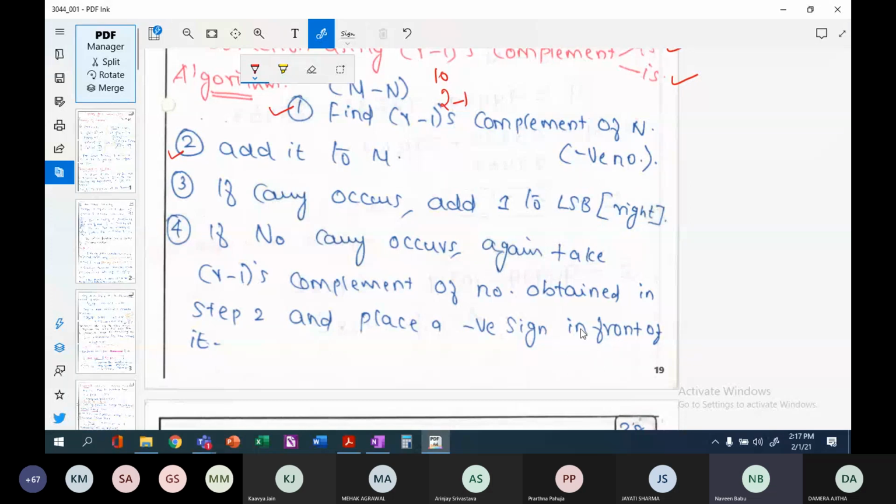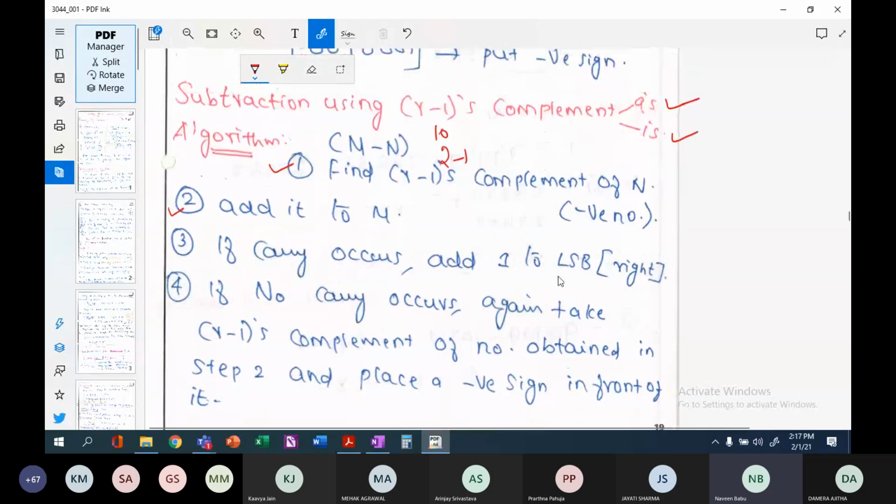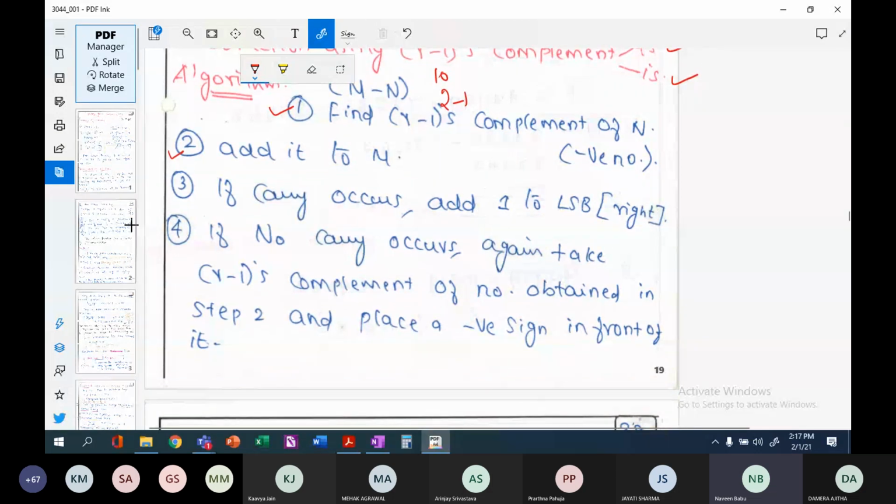Okay, what is the only difference between r's complement subtraction and r minus 1's complement subtraction? It lies only in the third step. In the third step, if you have a carry in r's complement, you will discard it. If you have a carry in r minus 1's complement, you will add that particular one to your LSB.